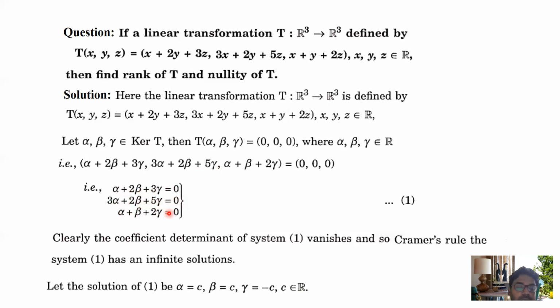Okay, so it is clear that the determinant of the coefficients of the system vanishes, and so the system of equations has an infinite number of solutions.